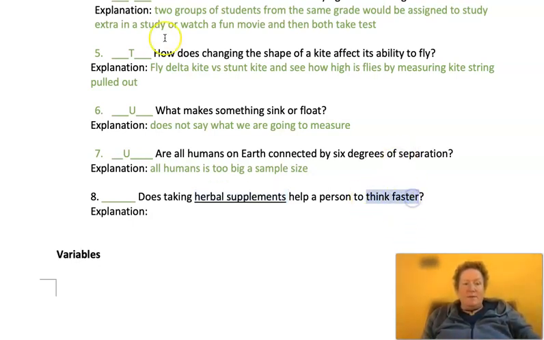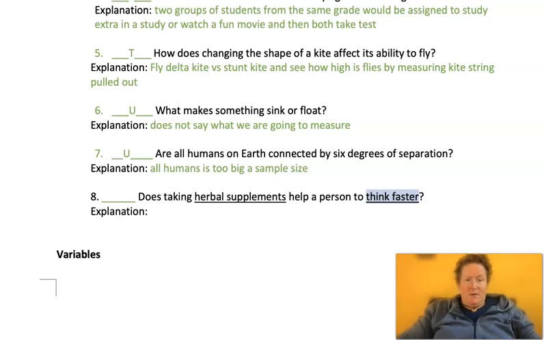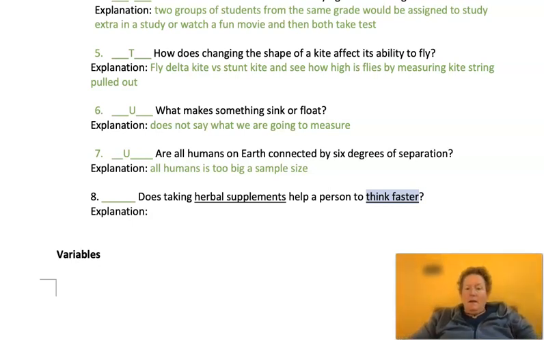And what does think faster mean? Do your multiplication problems faster? That's more an aspect of memorization, how much time you've spent memorizing your multiplication tables. What does think faster mean?